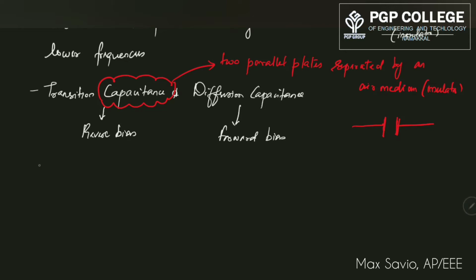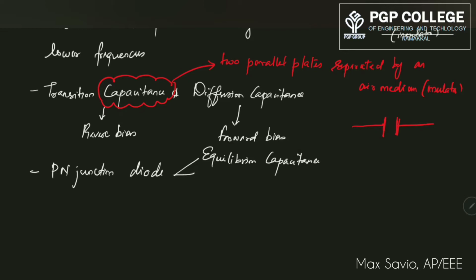Before that, for any p-n junction diode, the capacitance conditions vary. During equilibrium you have an equilibrium capacitance, on the forward bias you have the diffusion capacitance, and on the reverse bias you have the transition capacitance.